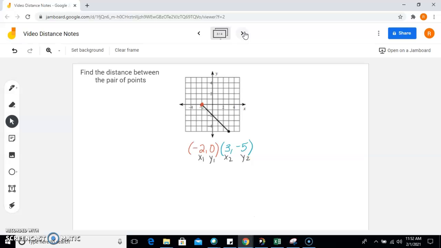So again, my formula is square root x2 minus x1 squared plus y2 minus y1 squared. And all I'm going to do is plug in from here.